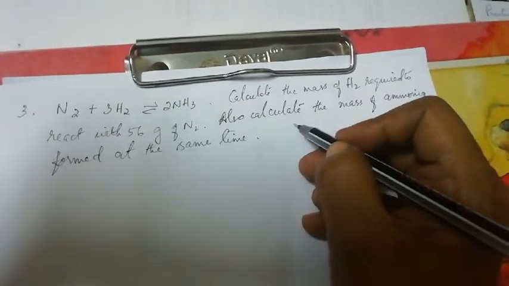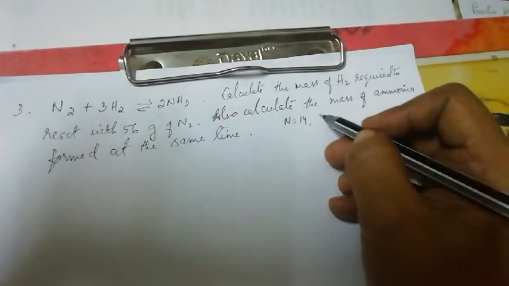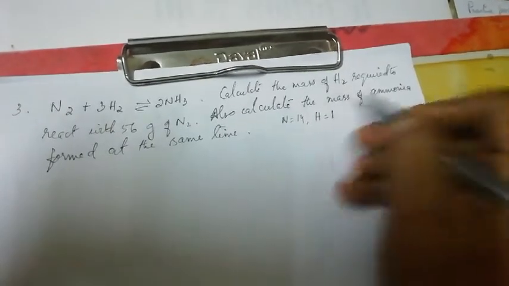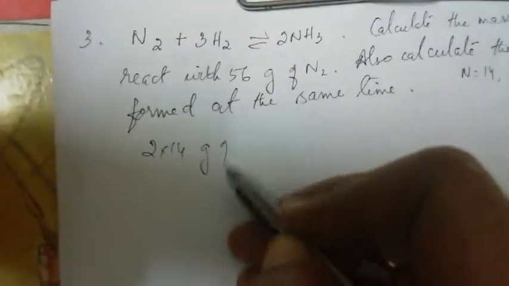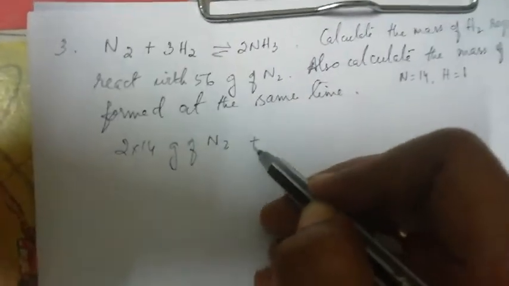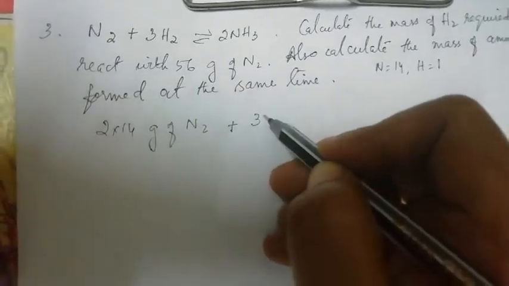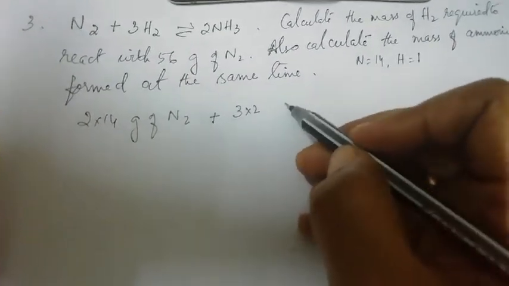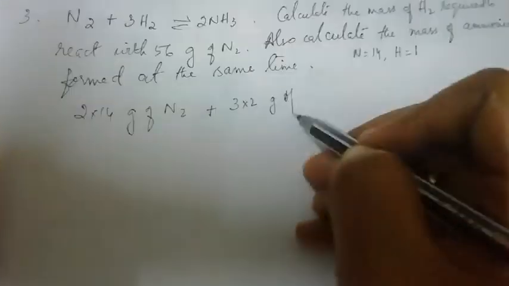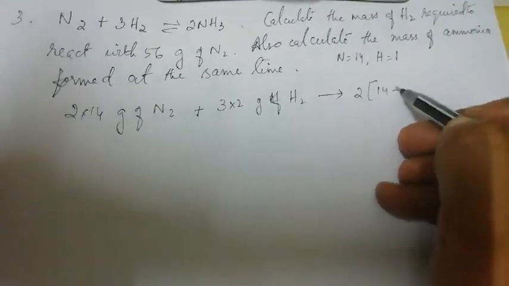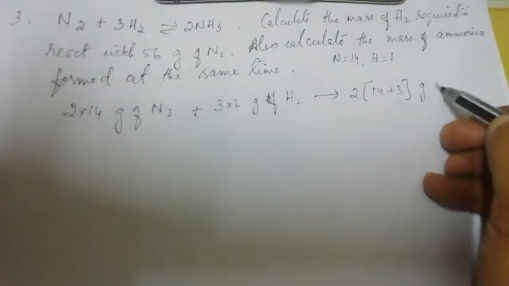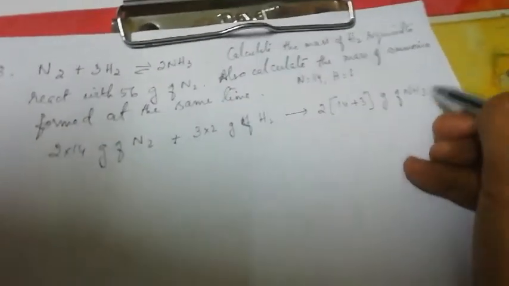Okay, this is the question, and you will be given atomic masses: nitrogen is 14 and hydrogen is 1. So how to proceed? 2 into 14 grams of nitrogen reacts with 3 into 2, that is 6 grams of hydrogen, to give 2 into 14 plus 3 grams of ammonia.